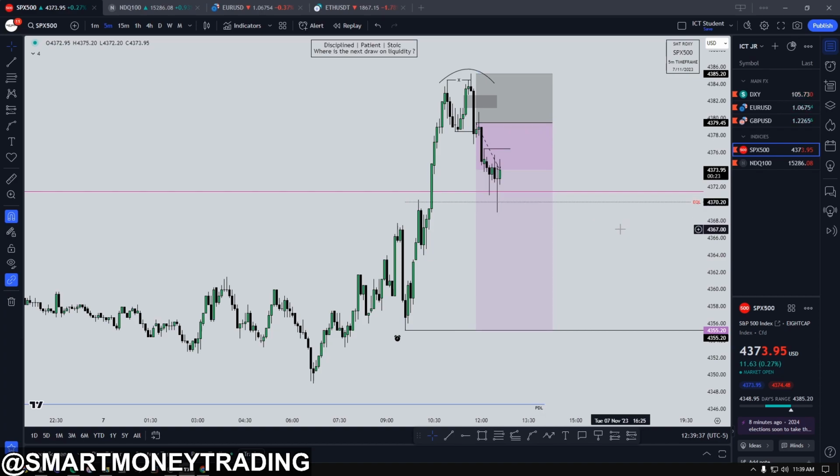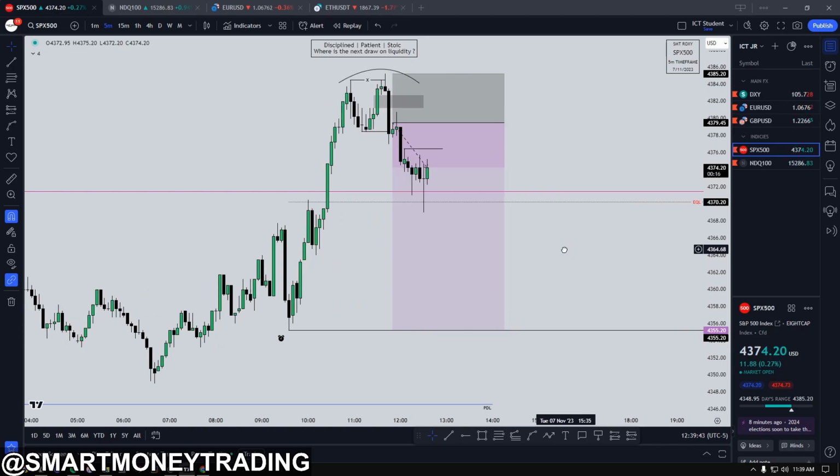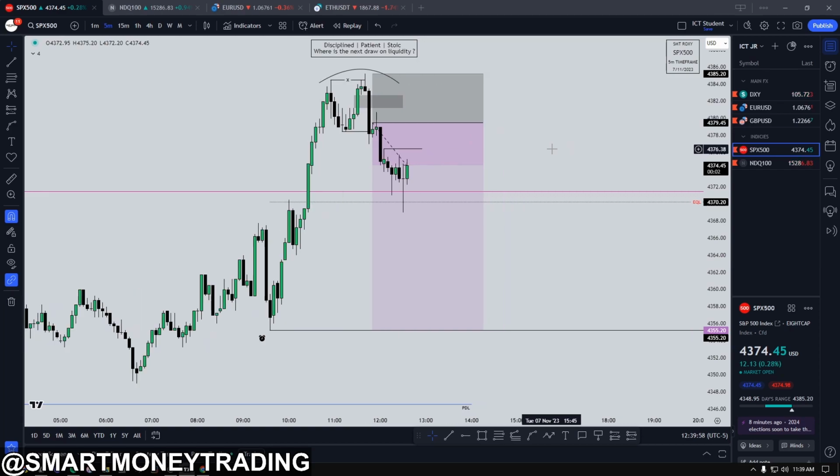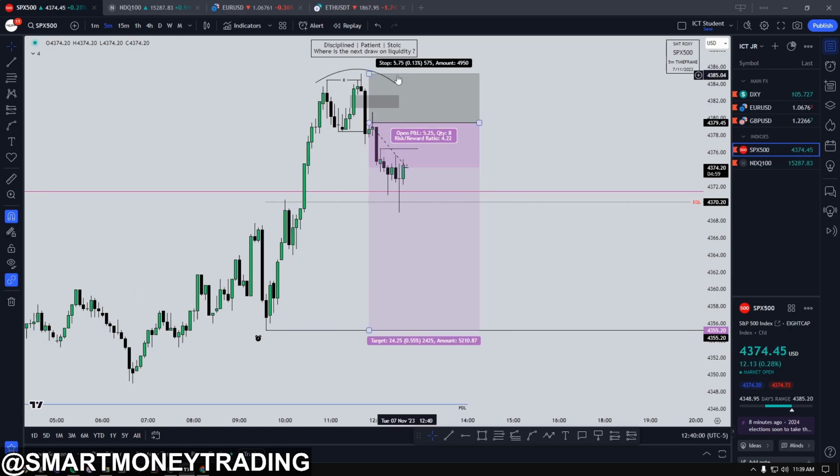That's why I always tell you guys, if you're in a market maker model, equilibrium usually tends to show if your market maker model is going to get respected, or you're going to disrespect the equilibrium and complete it. If you respect equilibrium like this, you form another market maker model, and you go out and take out the high, or retrace back up into an imbalance, and basically you're just creating another smart money reversal area.